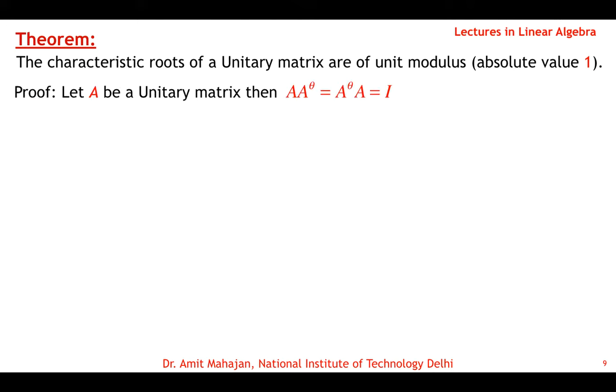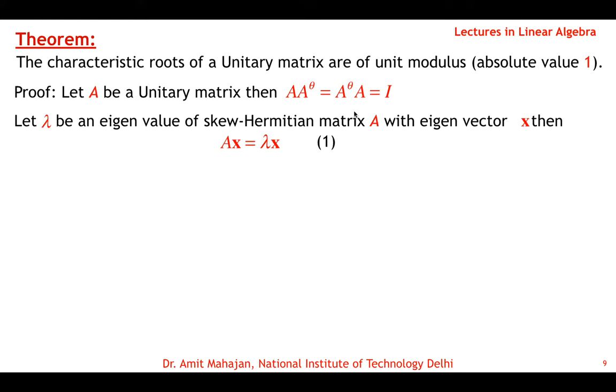Again, let A be a unitary matrix, that means it satisfies A times A conjugate transpose, which is the same as A conjugate transpose A, is equal to identity. Let us take lambda to be a characteristic root, an eigenvalue corresponding to the eigenvector x of A. So it will satisfy Ax equal to lambda x.